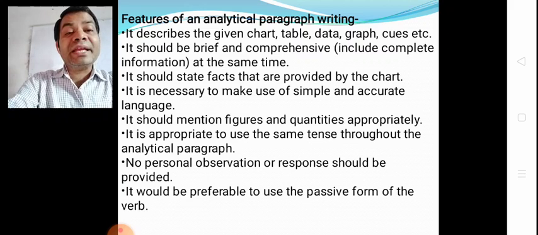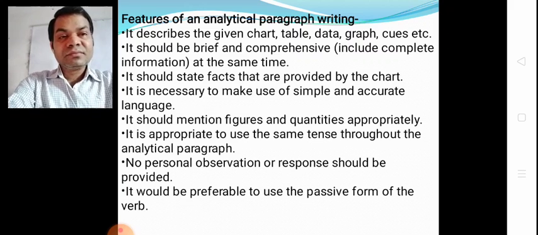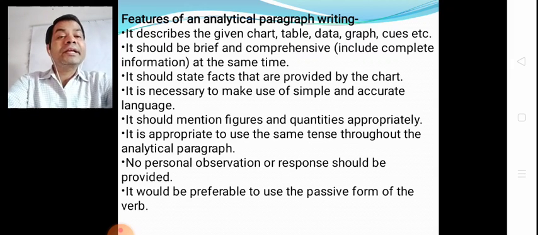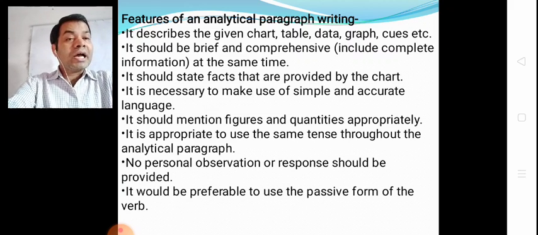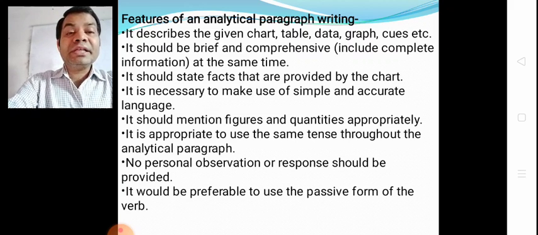Include complete information at the same time. Your analytical paragraph should be brief and comprehensive, and it must include complete information at the same time.